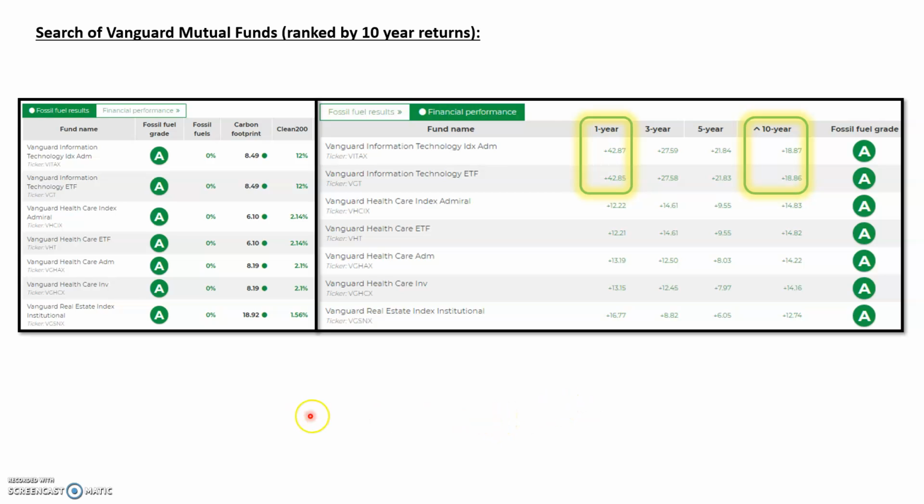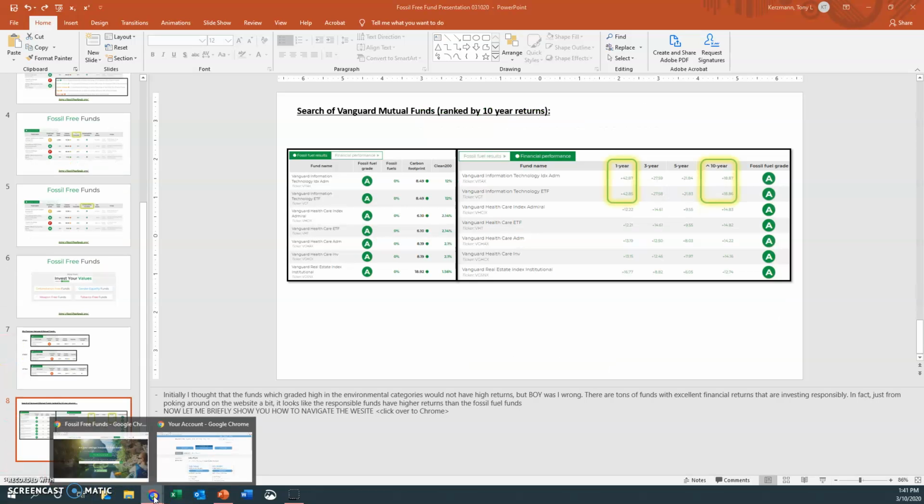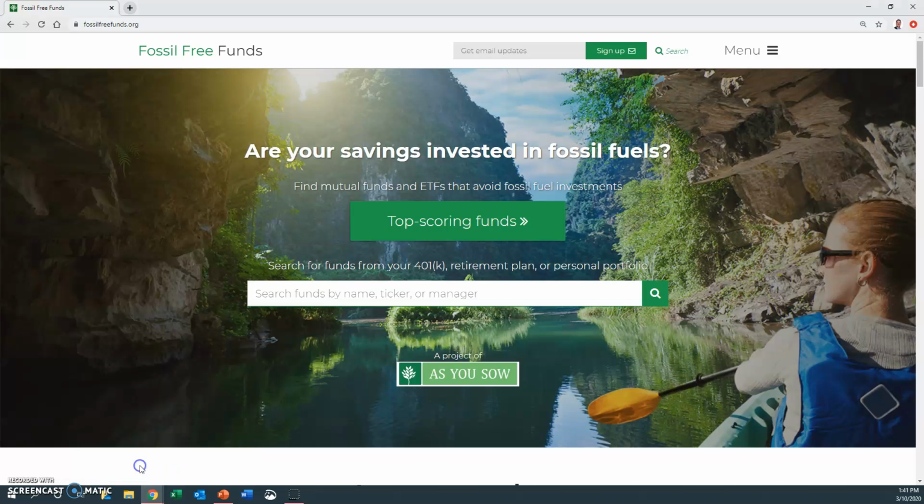Okay, so let me just take you quickly through the website, just to take a look at a quick search here. All right, so here's the beginning page of the website.